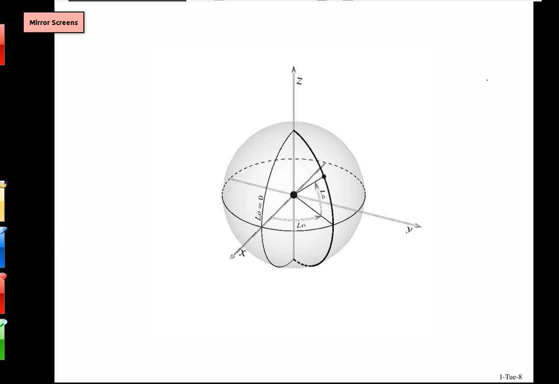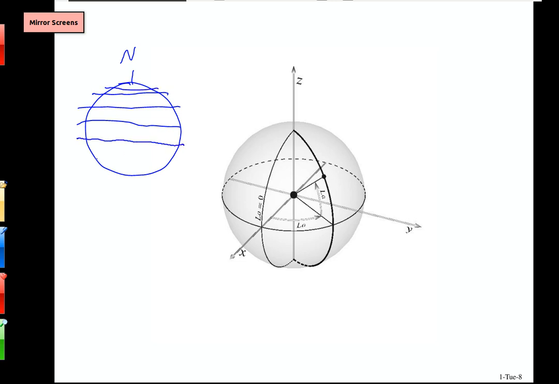Now, there are some consequences of this. Say I draw a picture from the side. Here's north, here's the equator. I'm going to draw some lines of latitude, and notice they get shorter as you go toward the poles. If I draw a couple of lines of longitude, the lines of longitude converge at the poles.